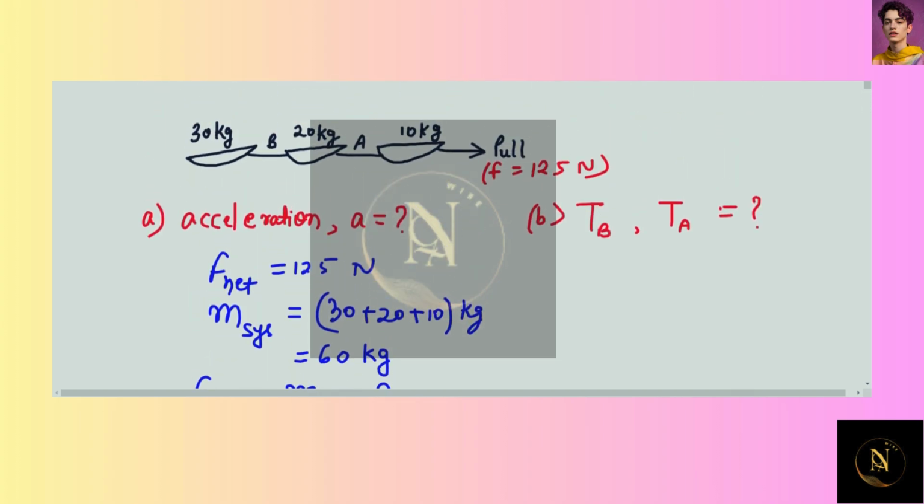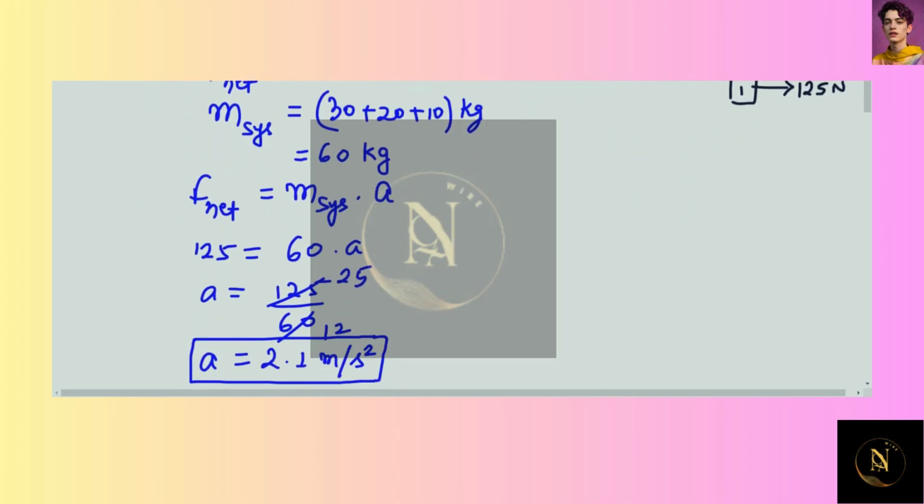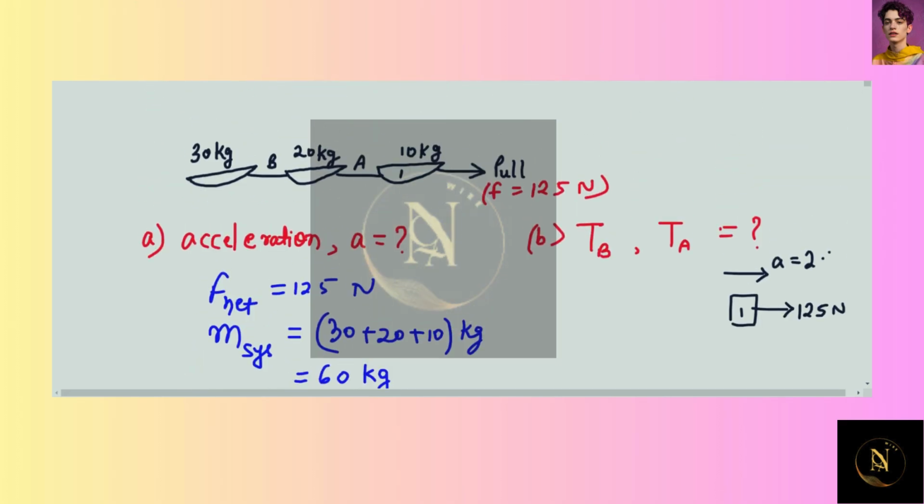Now to compute the tensions, we will observe closely the free body diagrams of the three objects. Let us first consider object 1. On object 1, a force of 125 newtons is acting to the right, and it is moving with the acceleration we figured out, 2.1 meters per second squared. The tension acting in the rope here is TA.